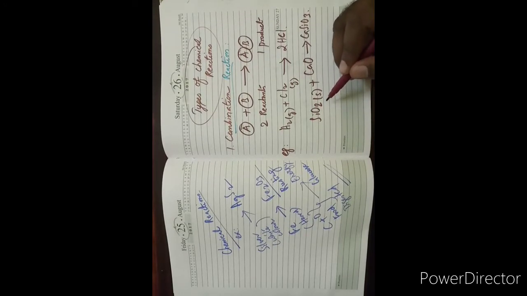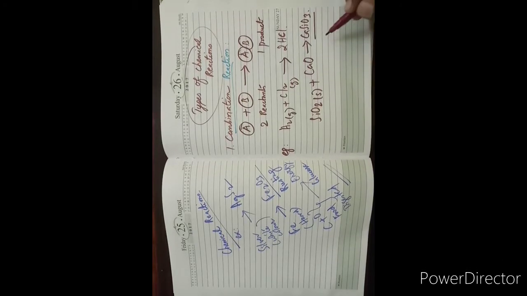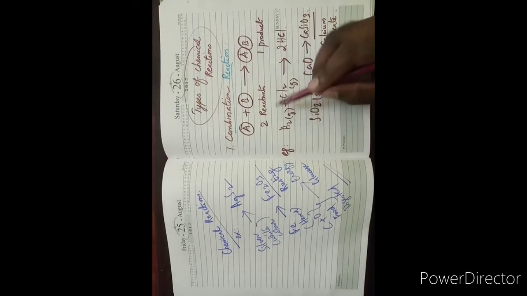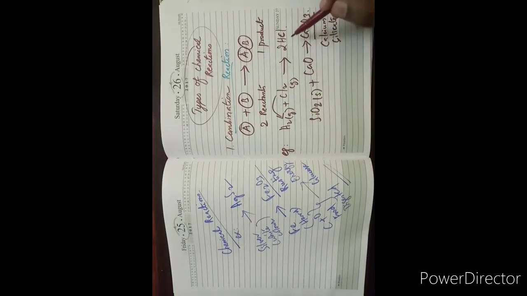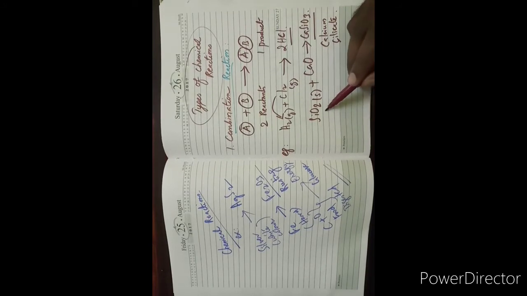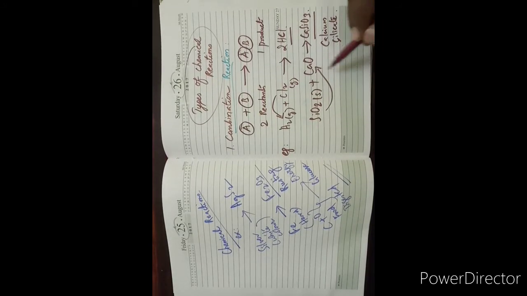Silicon dioxide. CaO, calcium oxide. What is this? Calcium silicate. How did it come? This hydrogen has been combined with the chlorine to form hydrochloric acid. This silicon dioxide has combined with calcium oxide to give calcium silicate.